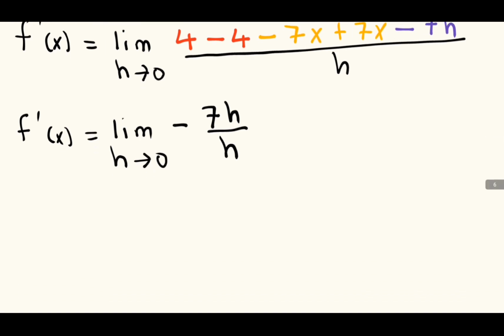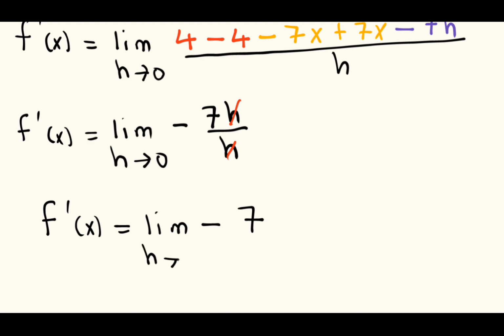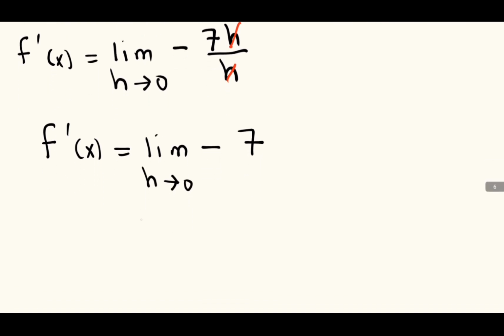So from here, we can see that that h and that h will cancel out each other, and we'll be left with f prime of x is equal to the limit of negative 7 as h approaches 0. So from here, we can see that we don't have a term which has h. So we are going to drop the limit and our f prime of x will be equal to -7. So we can't substitute this 0 because we don't have a term which has an h.